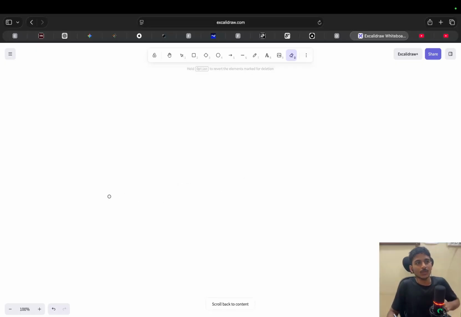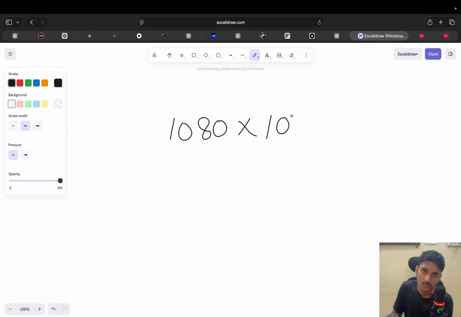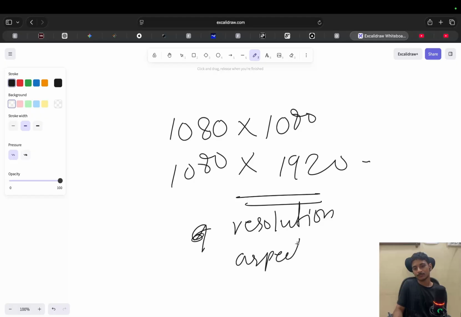If you look into any picture, what you'll notice is the quality, right? You will see 1080 by 1080 or 1080 by 1920. The first thing is resolution. Second thing is aspect ratio. See, the aspect ratio is very simple.